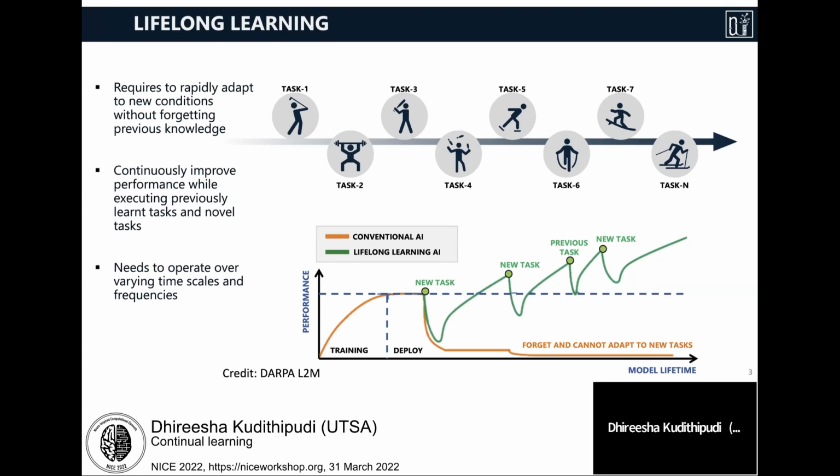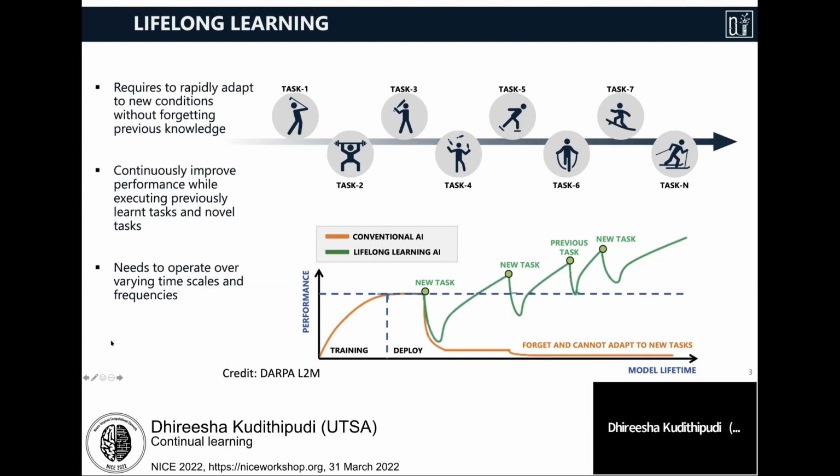And we would like artificial systems to rapidly adapt to new conditions without forgetting previous knowledge. And we would like to see continuous improvement in performance while executing previously learned tasks and when new tasks are introduced to the system. So here is a cartoon on the top that you can see.